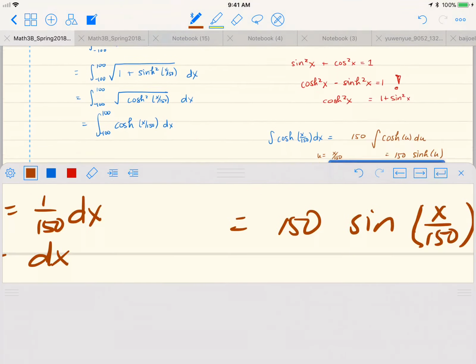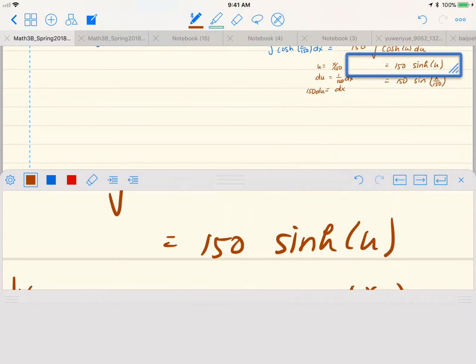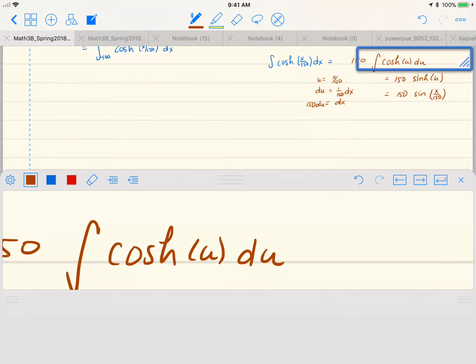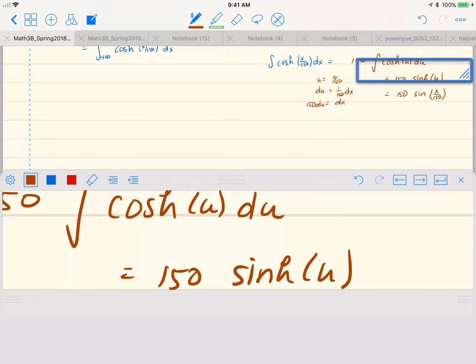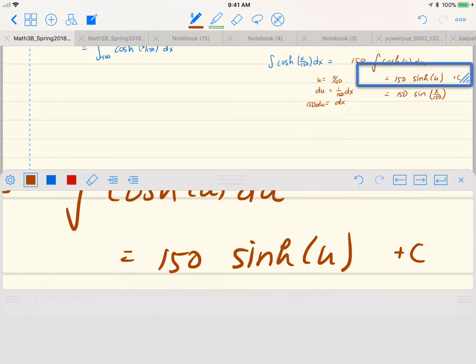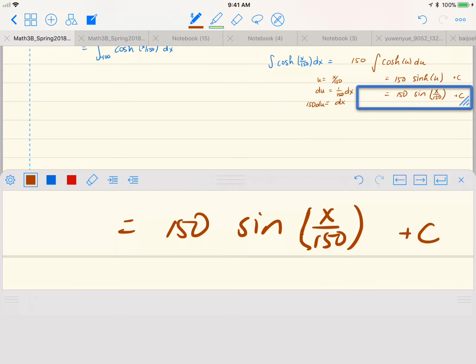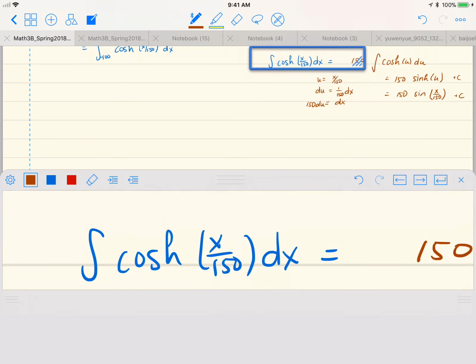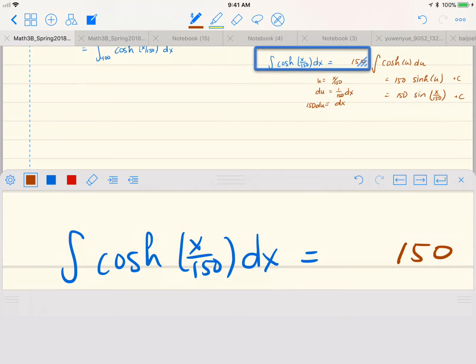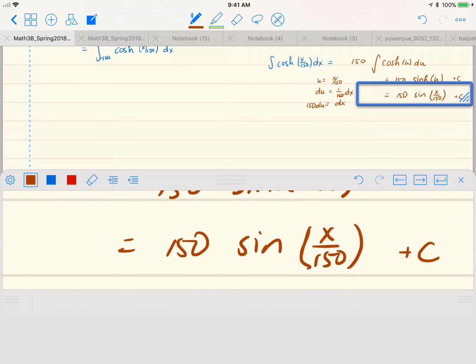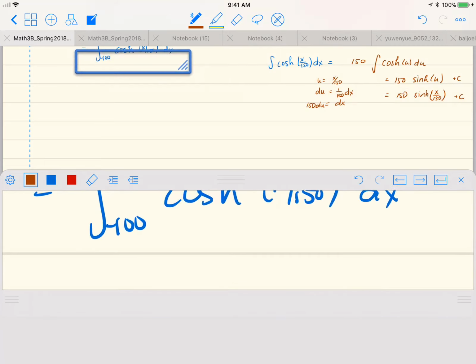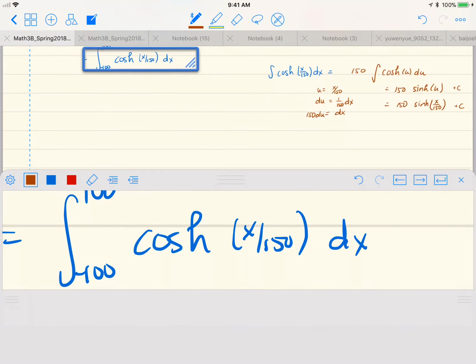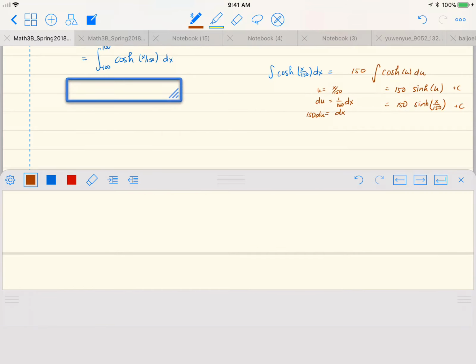Well, we care about it because when we go to integrate cosh of u, the antiderivative is sinh of u, and we can in fact put plus c. So now we can use the fact that the antiderivative of cosh of x over 150 is 150 sinh of x over 150 plus c to evaluate this definite integral.